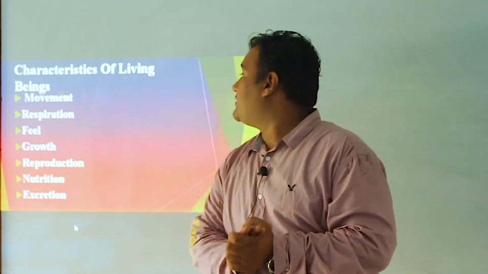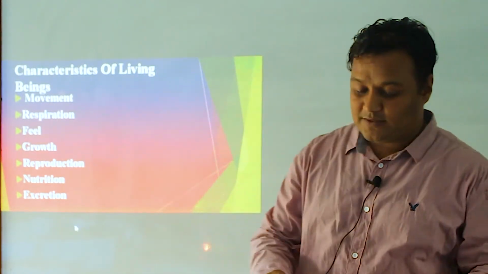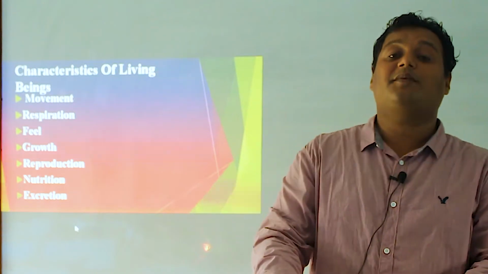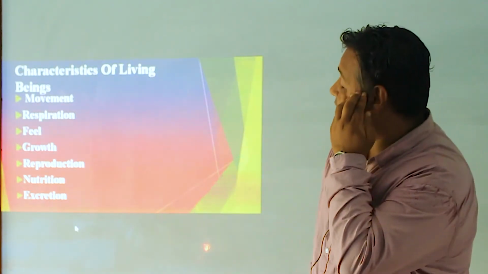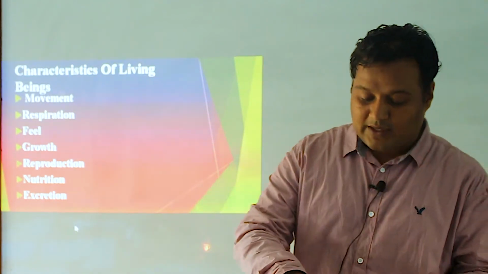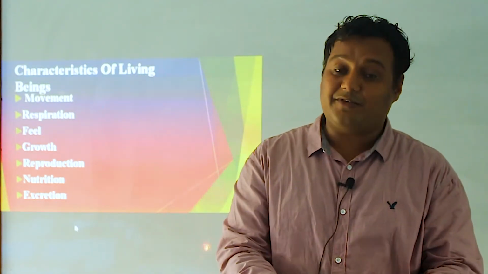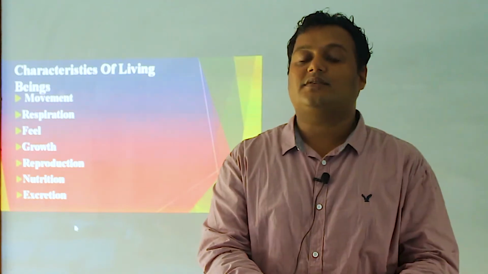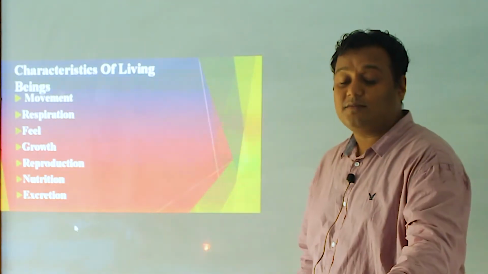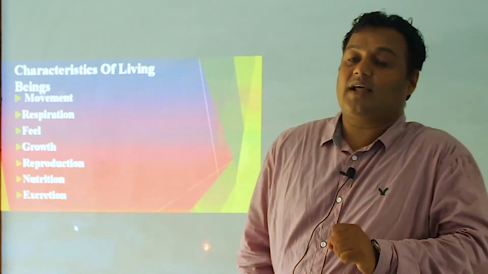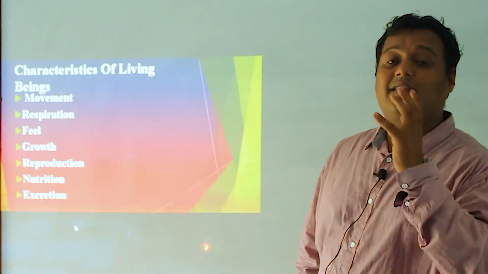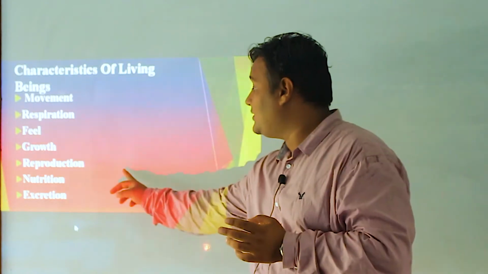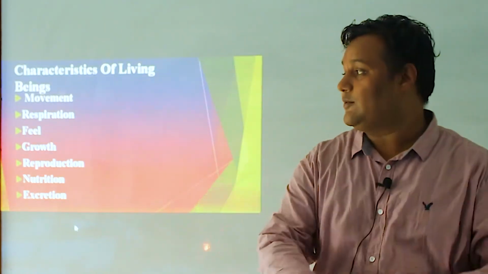Now, the next characteristic of living beings is reproduction. This may be new for a class 6 student. What is reproduction? Anyone can define it, or may not, because reproduction is a very vast thing. But for your class, the very first definition that you can remember easily is: reproduction means giving birth to a new one.